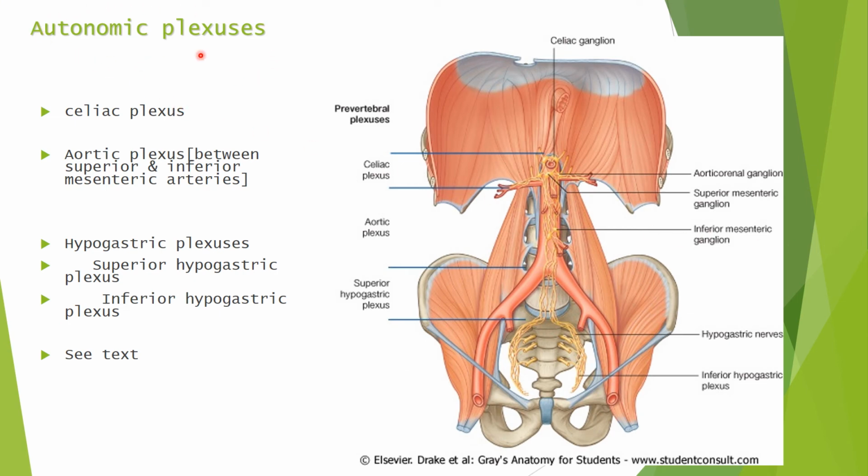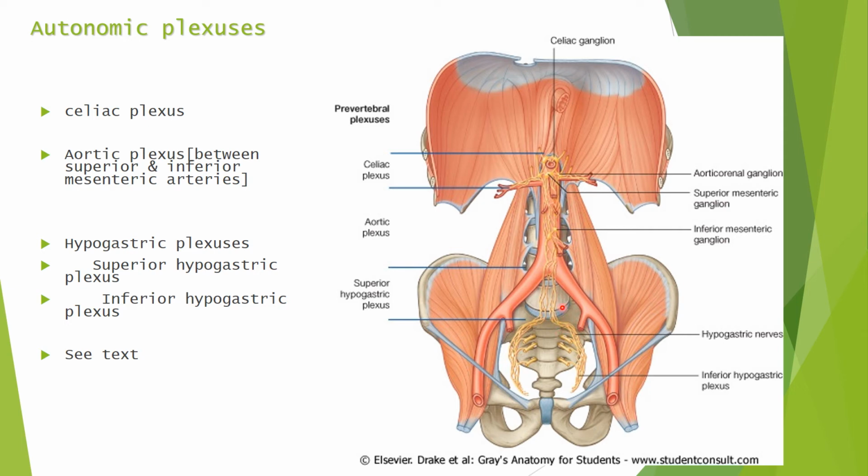Autonomic plexuses. We have the celiac autonomic plexus, the aortic autonomic plexus between the superior and inferior mesenteric arteries surrounding the abdominal part of the aorta.